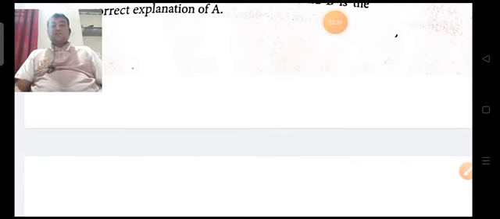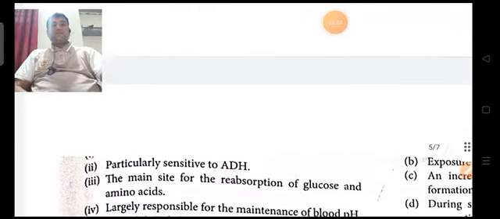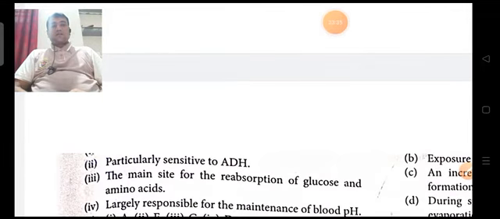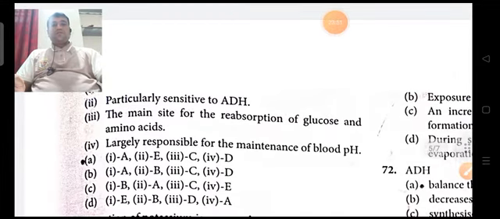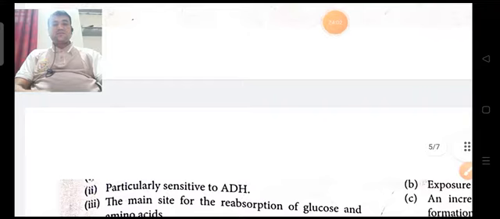The site of ultrafiltration, particularly sensitive to ADH, the main site for reabsorption of glucose and amino acids, largely responsible for the maintenance of blood pH. So the site of ultrafiltration is Bowman's capsule. So A is the answer for that.